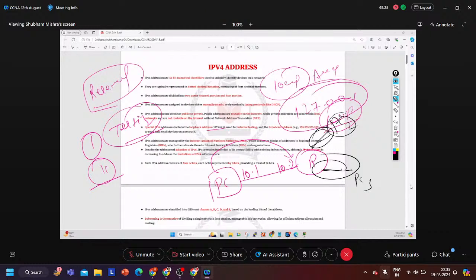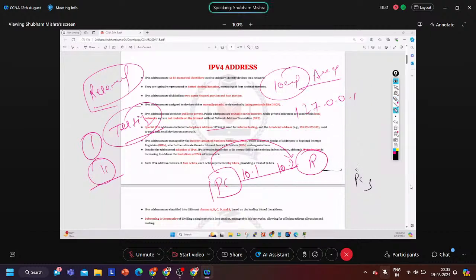But every time in a network, we do not need to install a hardware device. In this case, you do not need to configure or install hardware. You can create one loopback here, let's suppose loopback 1 and loopback 2. Here you can configure 20.0.0.1 and here 20.0.0.2.